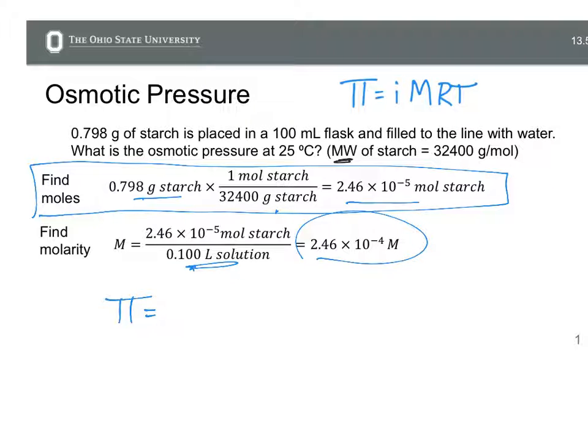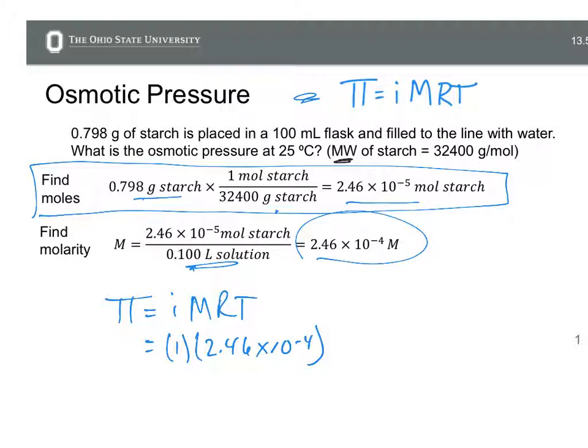And then to find the osmotic pressure, we simply plug into our equation. And it's important to note that, first of all, starch is a non-electrolyte, so i is going to be equal to 1. I'll plug in our molarity, 2.46 times 10 to the minus 4.